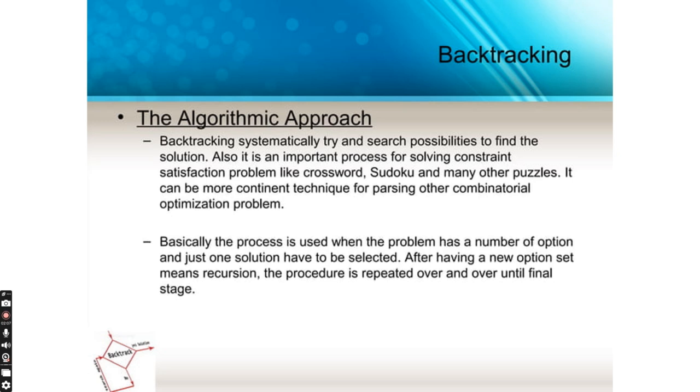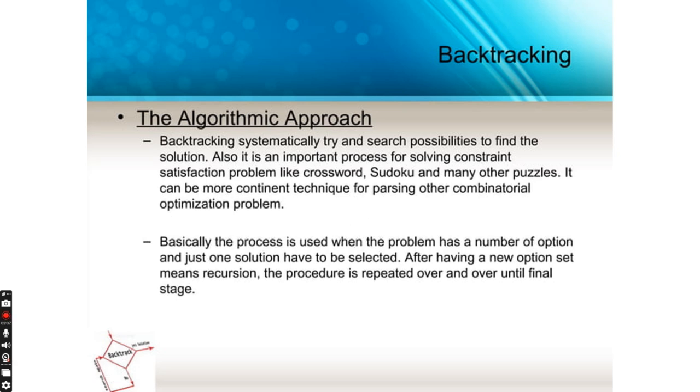Next, the algorithmic approach. What is the backtracking algorithm? Already we know backtracking systematically searches possibilities to find the solution. Also, it is an important process for solving constraint satisfaction problems like crossword puzzles, Sudoku, and many other puzzles, and also for n-queen. These are the various problems where we can apply the backtracking approach.